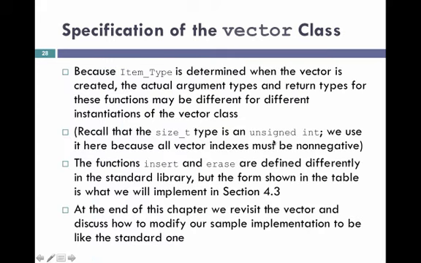So I mentioned size_t being an unsigned int. The functions insert and erase are defined differently in the standard template library, but the form shown in the table is what we will implement in section 4.3. And at the end of the chapter, we'll revisit this idea and we'll modify our sample implementation to be like this standard one.